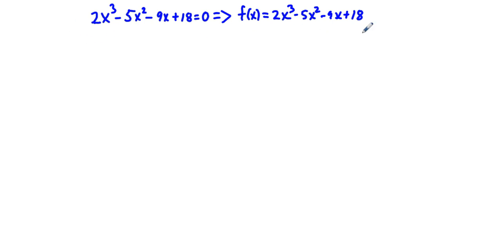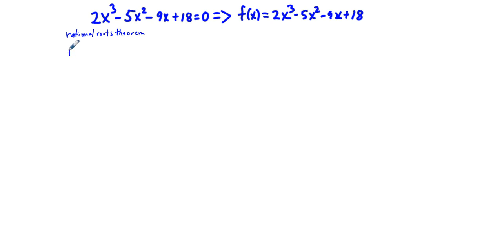And the first thing we're going to do is look for possible rational roots. For that, I'm going to avail myself of something called the rational roots theorem, sometimes called the rational zeros theorem.